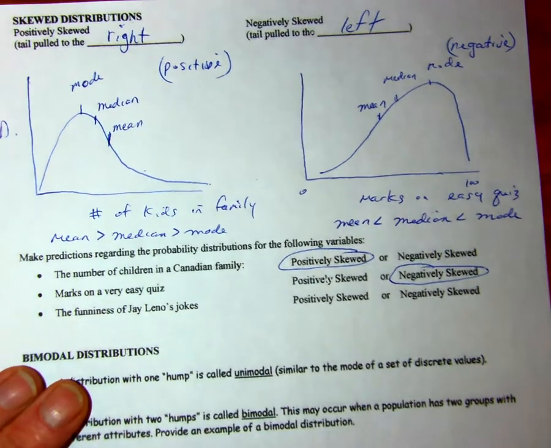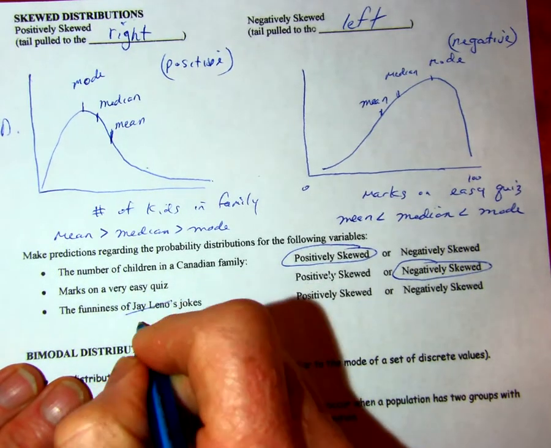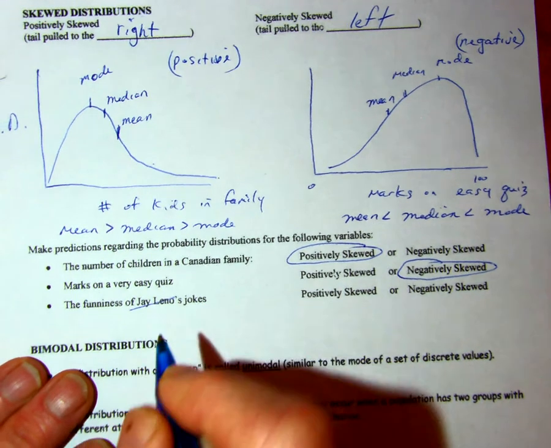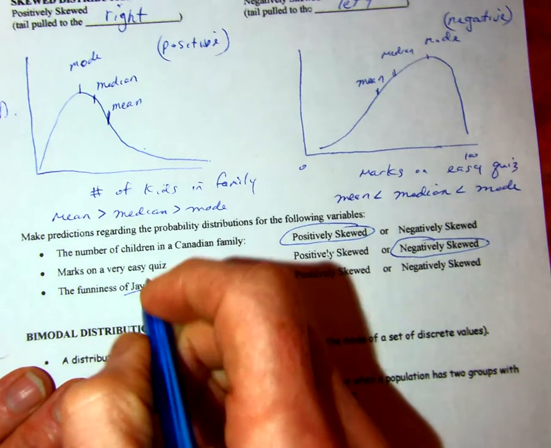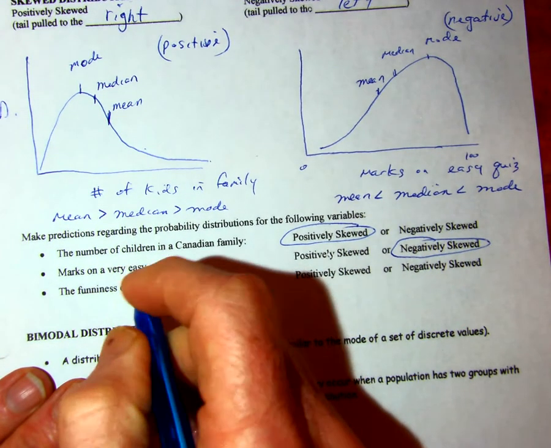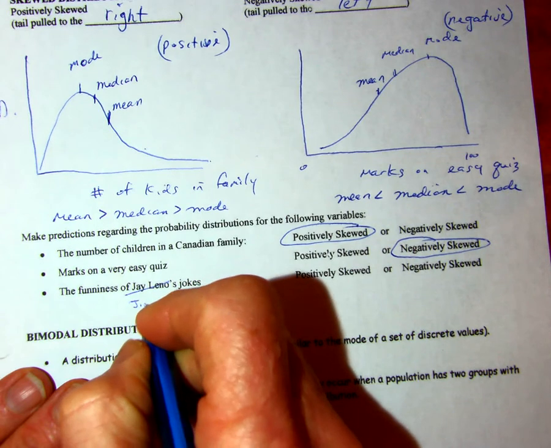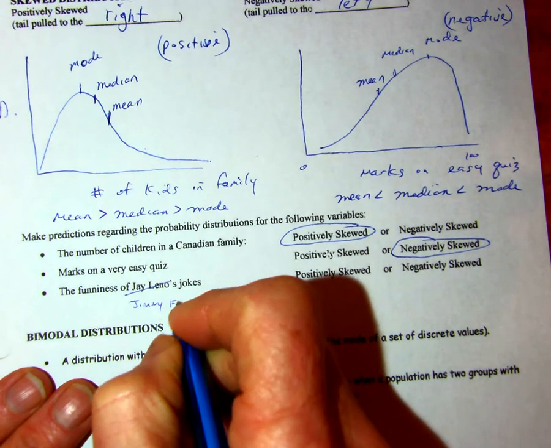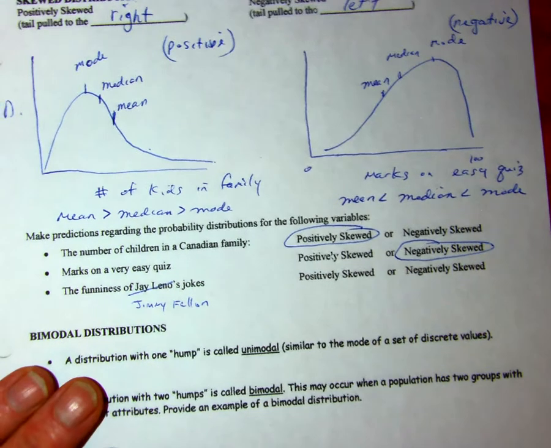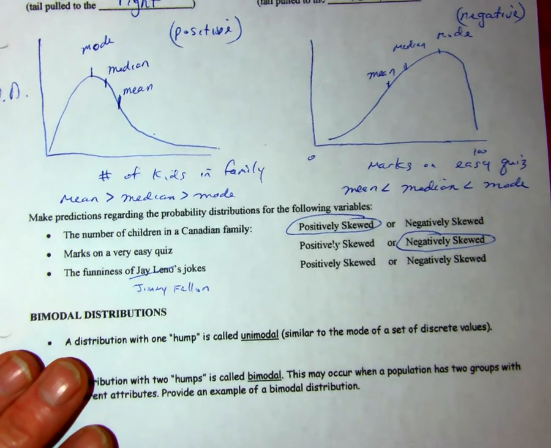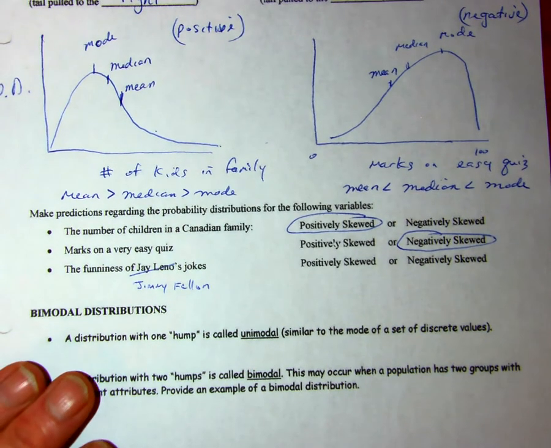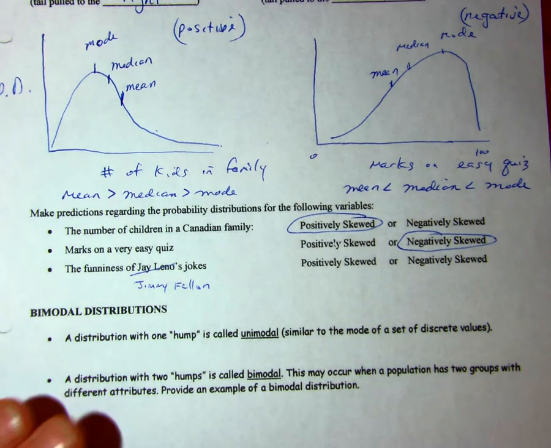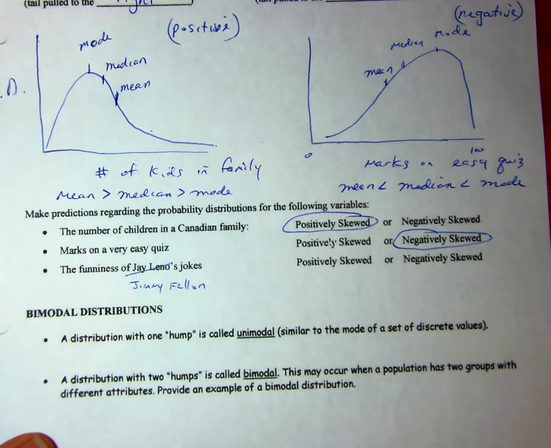This requires some explanation. Jay Leno was the guy before. I taught this course 12 years ago. Back then, it was a guy named Jay Leno. Now it's Jimmy Fallon. Everyone's heard of Jimmy Fallon? Okay. I don't know if he's like Jay Leno, but Jay Leno told lots and lots of jokes. But his jokes were not that funny.